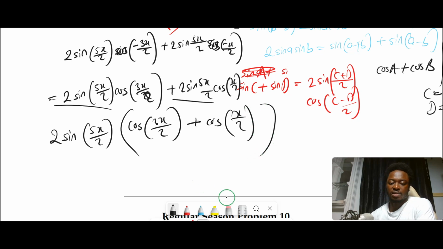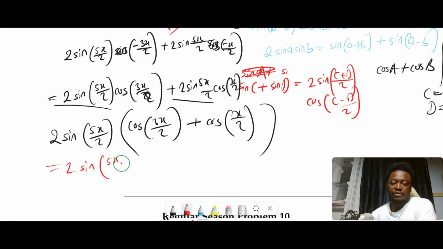So you will get 2 times the sine of 5x divided by 2, and then on this part here, you will get twice of the cosine of A plus B over 2, which is going to be 4x over 2, which is 2x.